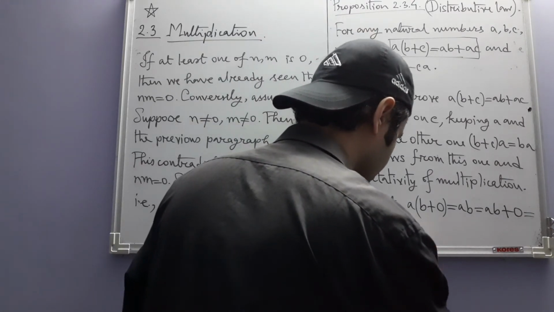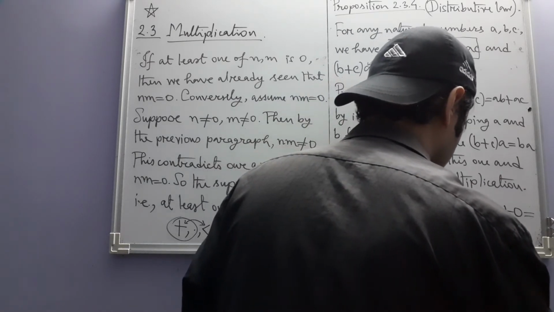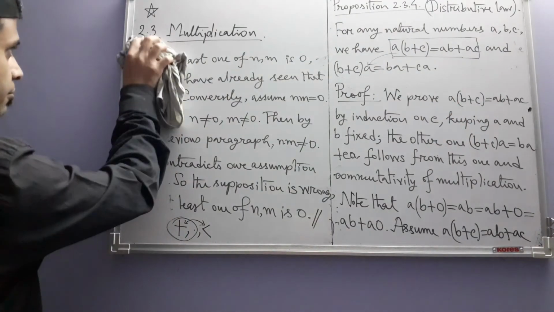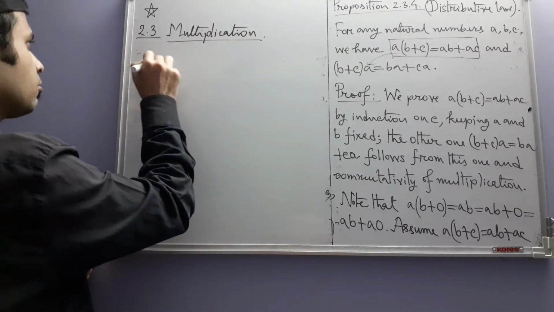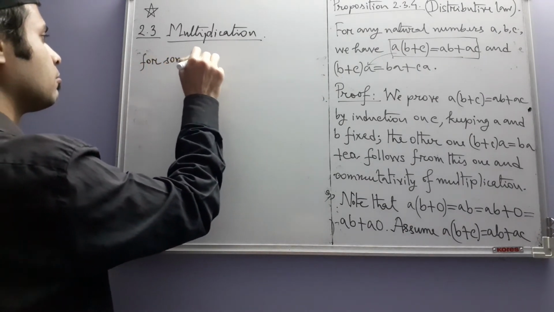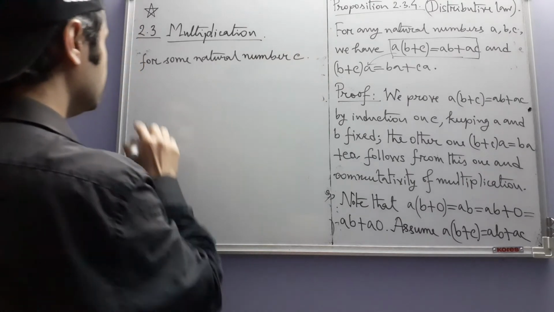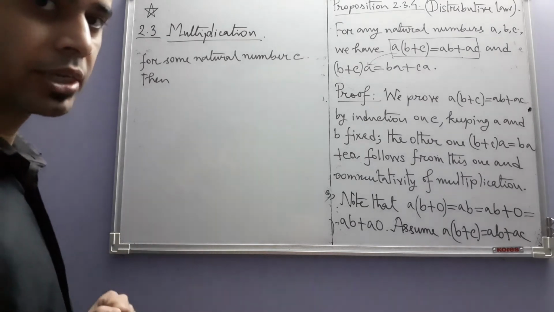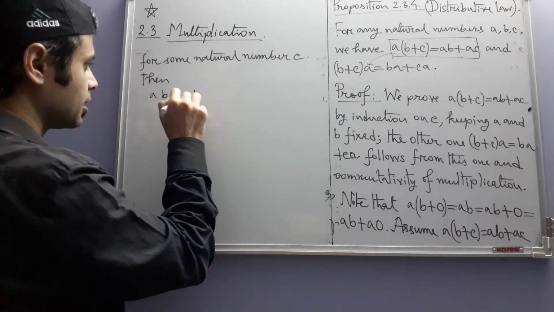Now we assume the induction hypothesis. Assume A times (B plus C) is equal to AB plus AC for some natural number C. Then we look at the case when we replace C by its successor: A times (B plus C++).